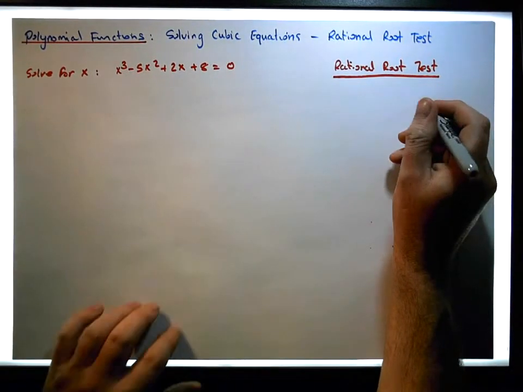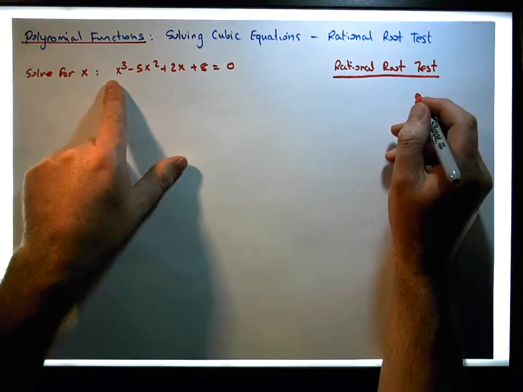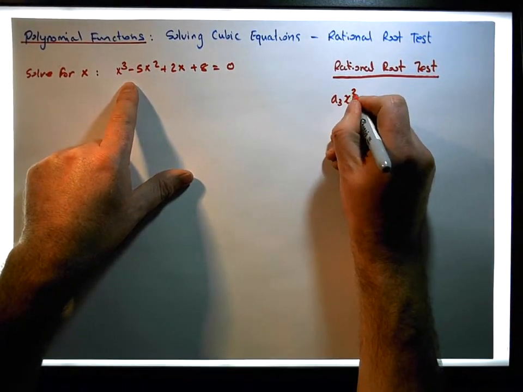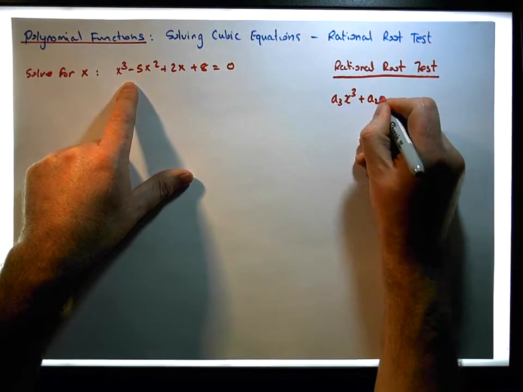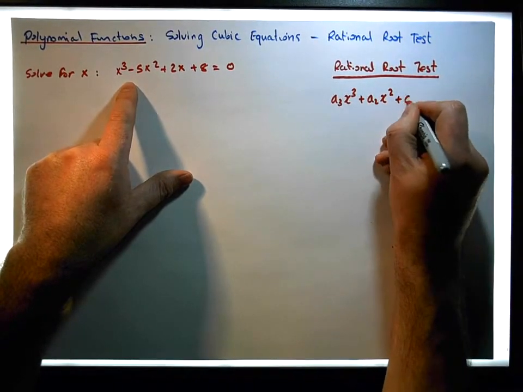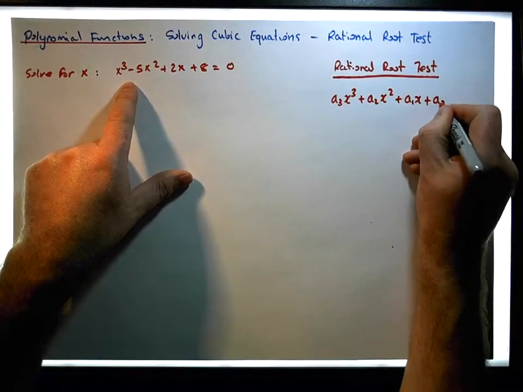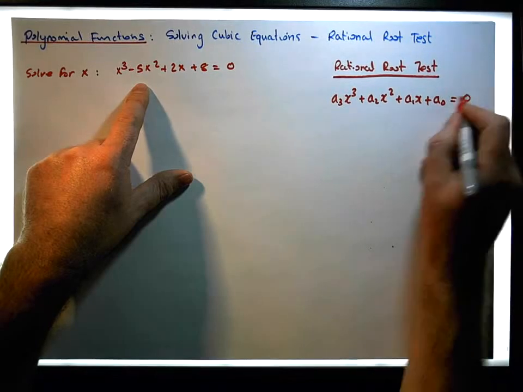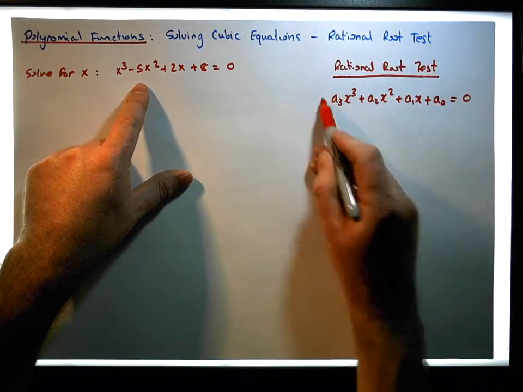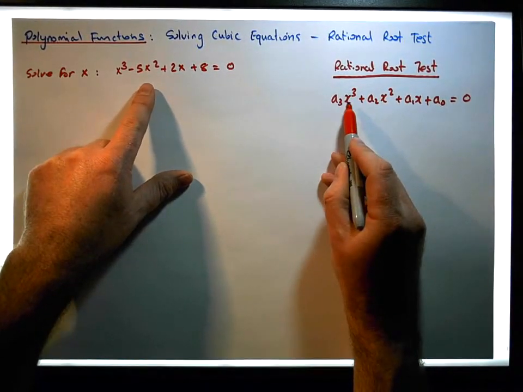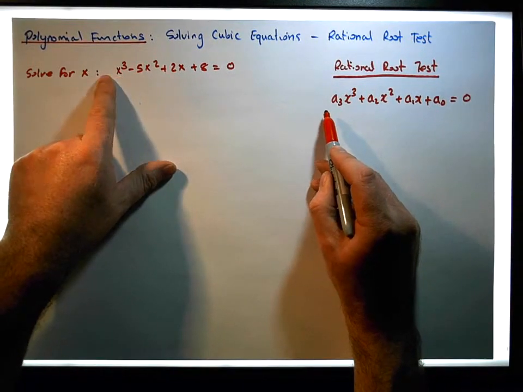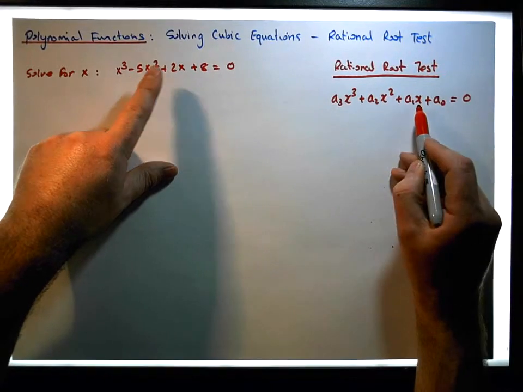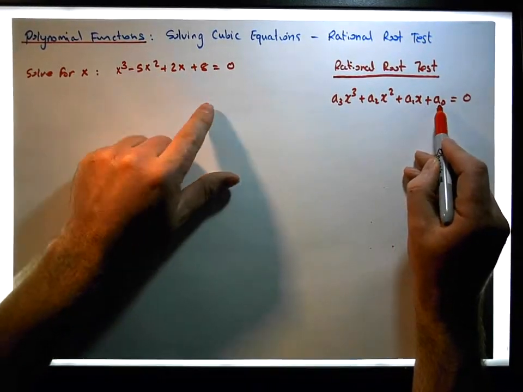Just keep in mind that the cubic equation is of the form a3 x to the 3 plus a2 x to the 2 plus a1 x plus a0. This particular cubic polynomial has a coefficient of x cubed of 1, the coefficient of x squared is minus 5, that's a2, the coefficient of x is a positive 2, and a0 is an 8.